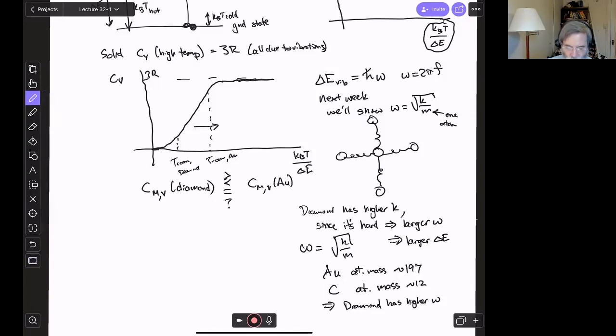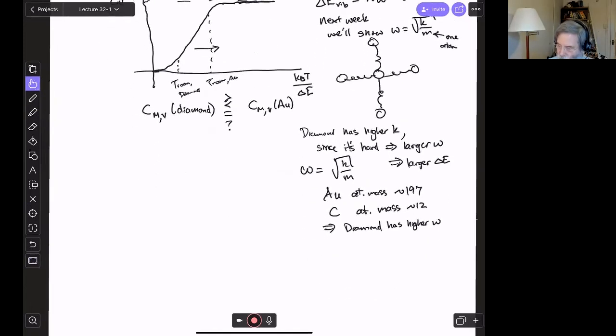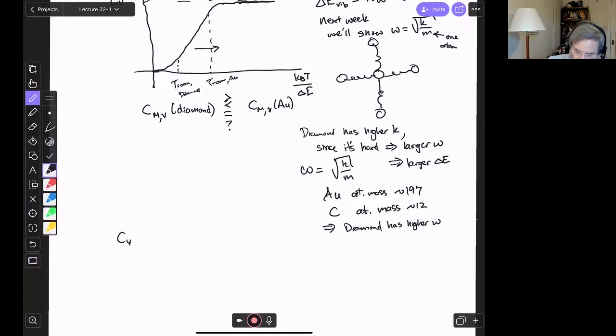Okay, so let's compare our prediction with the actual experimental data. The molar heat capacity at constant volume of diamond is 6.37 joules per mole Kelvin, whereas the molar heat capacity at constant volume of gold is much higher, 25.6 joules per mole Kelvin.